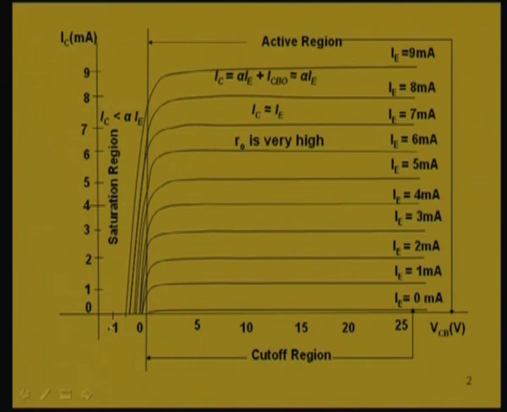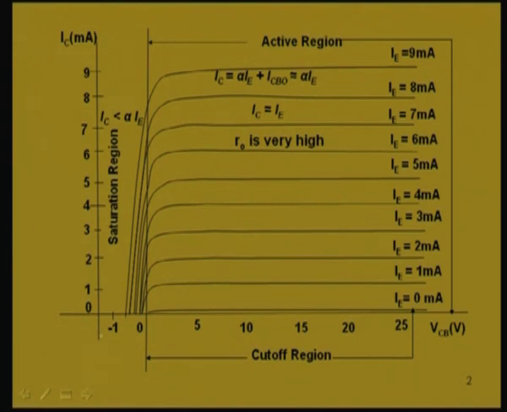As the collector base junction is forward biased, and the emitter base junction is also forward biased, both junctions are forward biased.